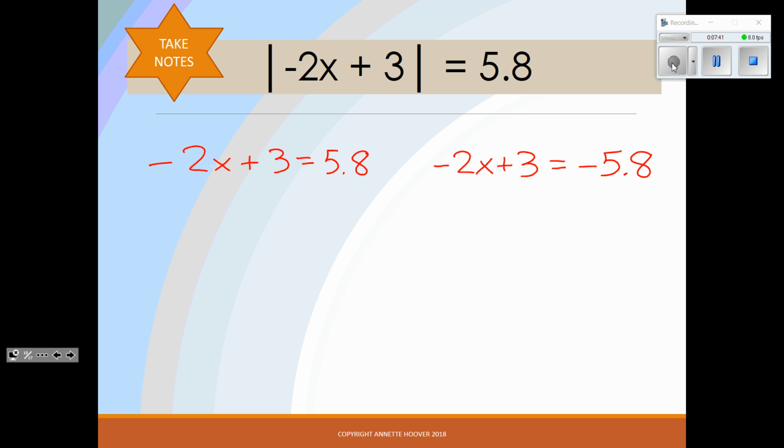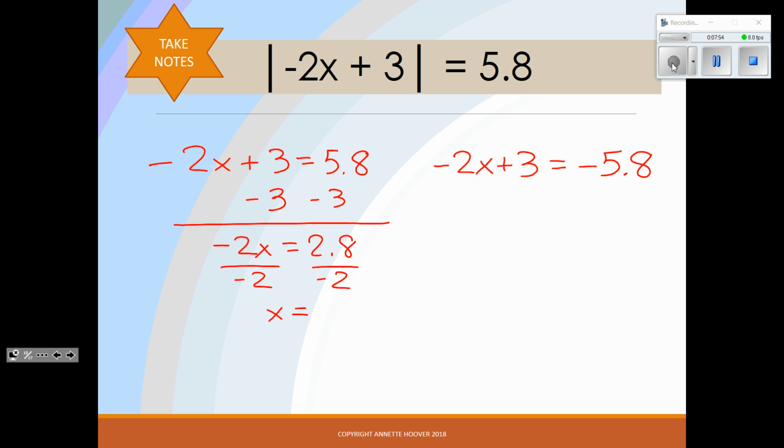Now we have two-step equations, so we're going to solve. First, we subtract 3 on both sides, so we have negative 2x is equal to 2 and 8/10. Divide both sides by negative 2, and we have x is equal to negative 1 and 4/10.